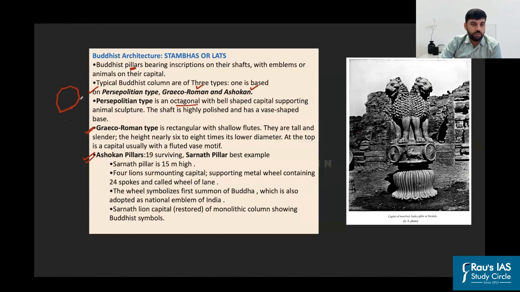This is how it is, octagonal shape. Eight sides, highly polished, bell-shaped capital. Now, as you can see in this image, all of you know this is India's national emblem, right? So this is India's national emblem, and the thing over here which you see is the capital.